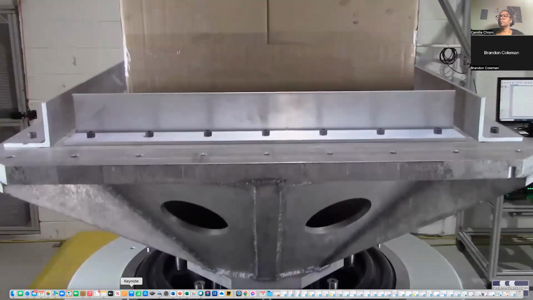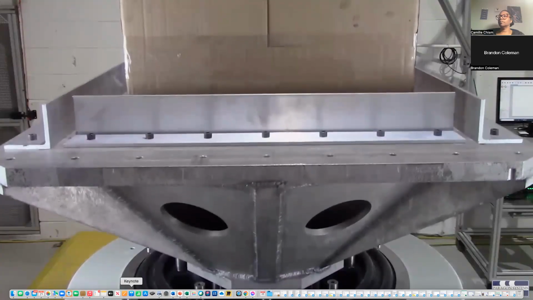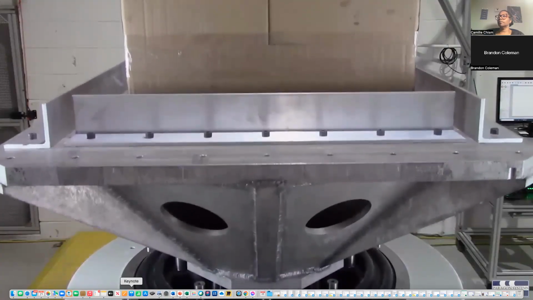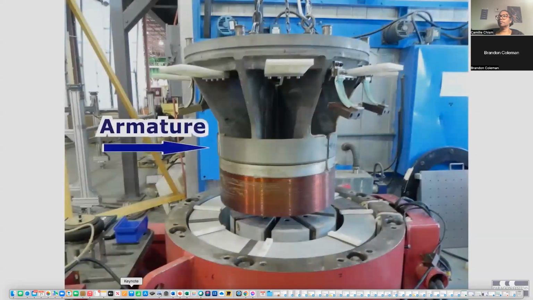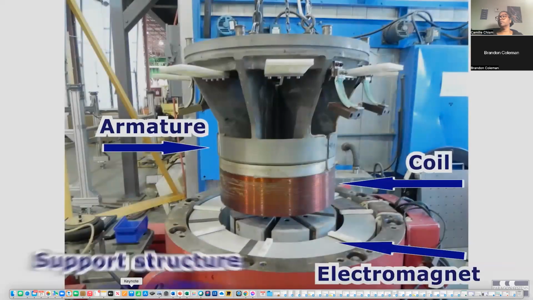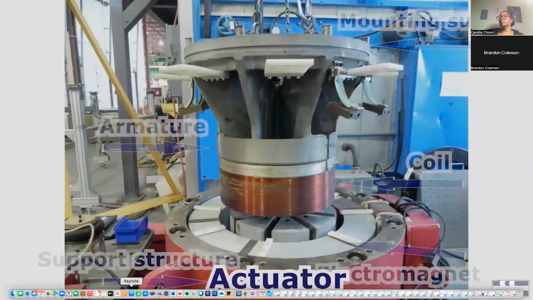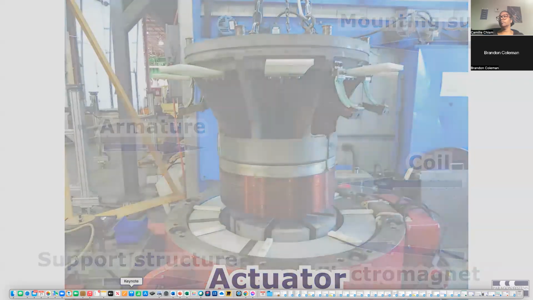In the case of a shaker, the coil is attached to a mounting surface for vertical or Z-axis testing and is called the armature. The armature and its attached coil, the electromagnet, and the surrounding support structures are called the actuator and are visible here in a partially disassembled actuator.